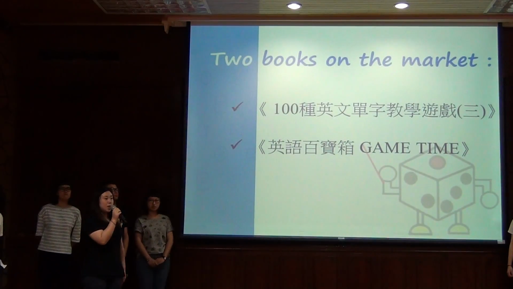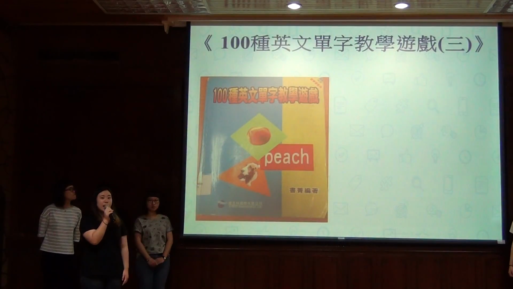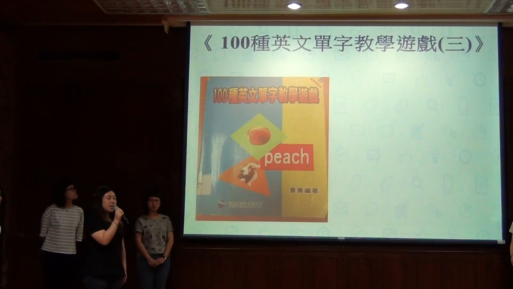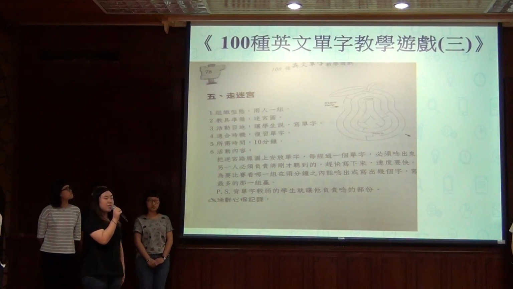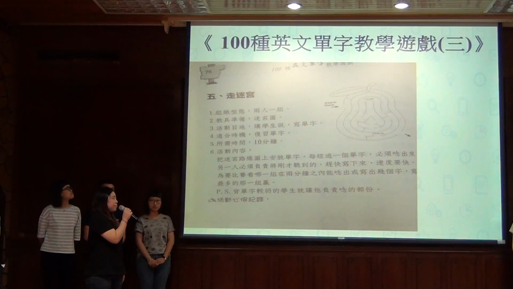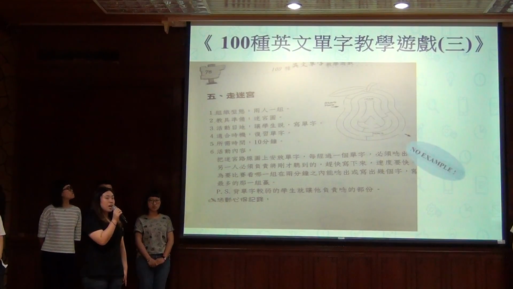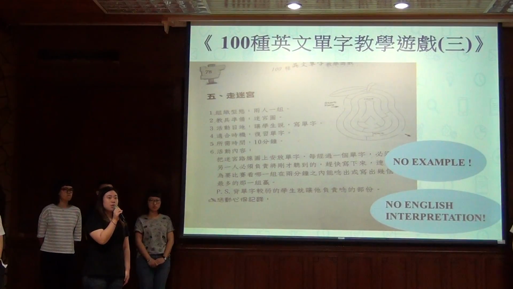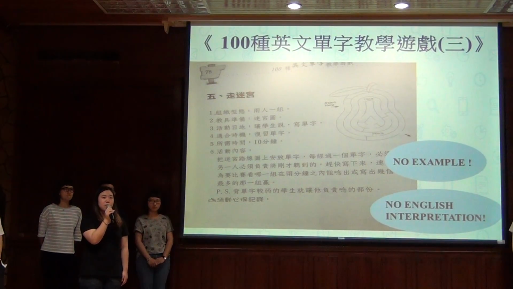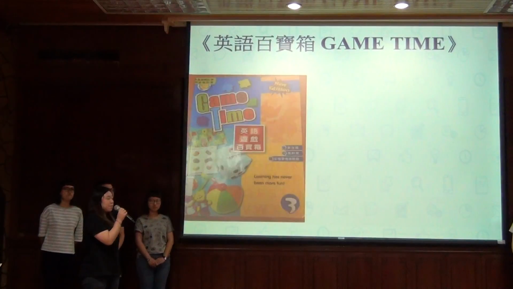Second is Game Time. The first book, 100 Vocabulary Games of English Teaching, has Chinese explanation and focuses on vocabulary. At the same time, it doesn't have examples. It's suitable for small groups because most of the activities in this book can be finished by themselves. This book is Game Time.